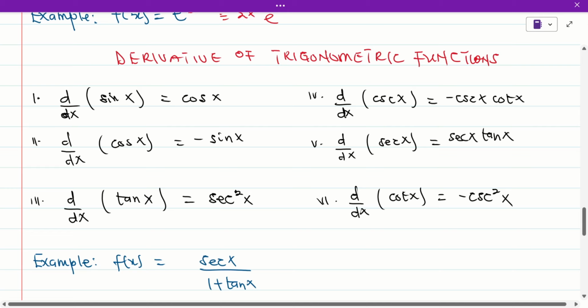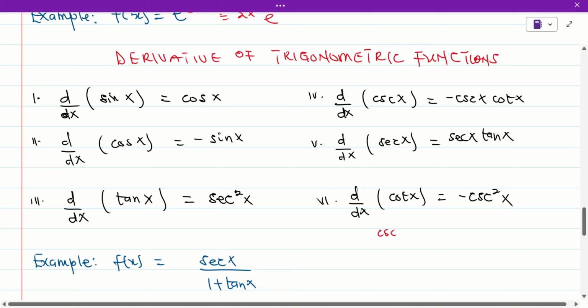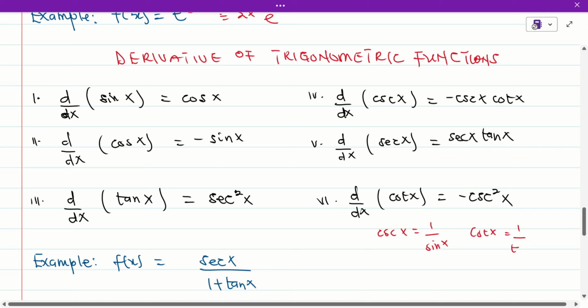Now, when you differentiate cosec x, the cosec here is 1 over sine x. So whenever you differentiate cosec x, you're going to get negative cosec x cot x. And our cot x is equal to 1 over tan x, okay?